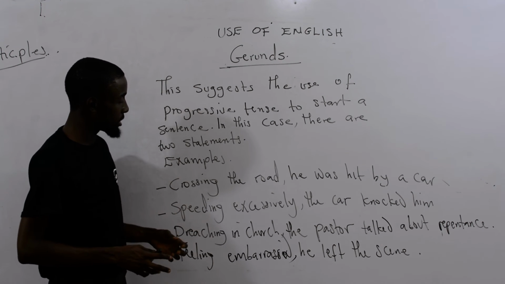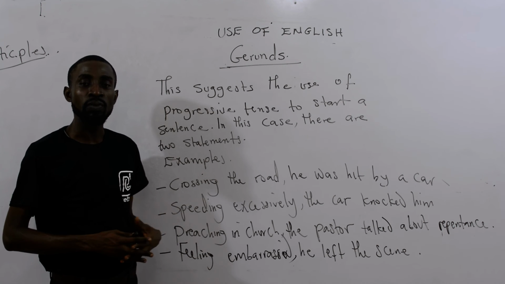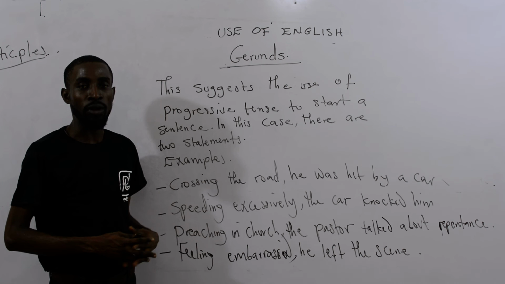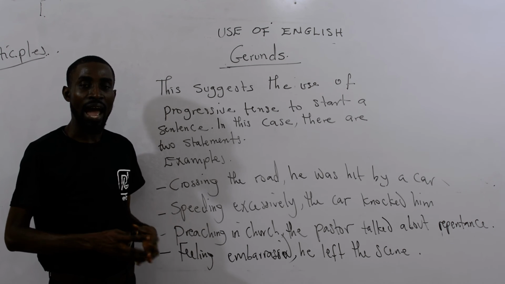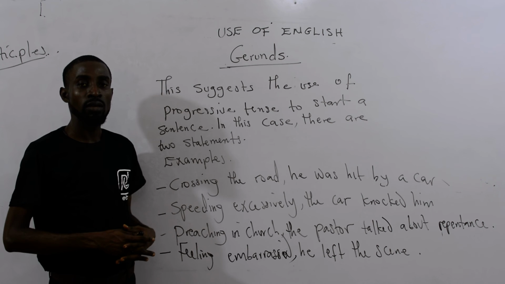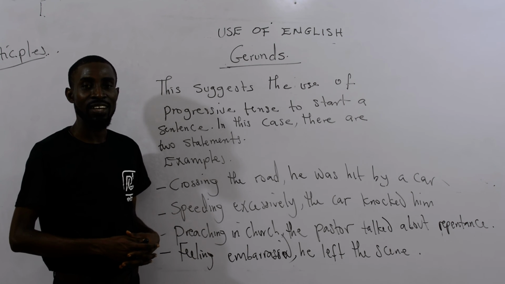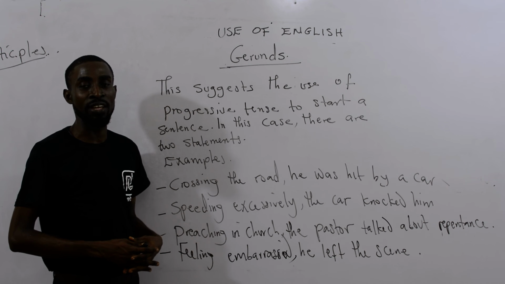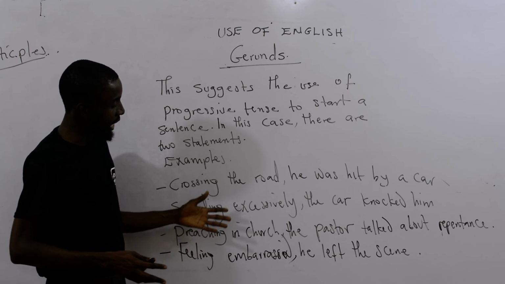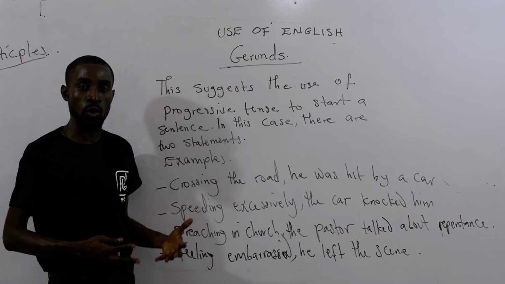So, ladies and gentlemen, I am seeing you is not correct, but I can see you. Or in the gerund case, seeing the man, we were pleased. So you can see how these expressions are used in the case of gerunds that make sense.